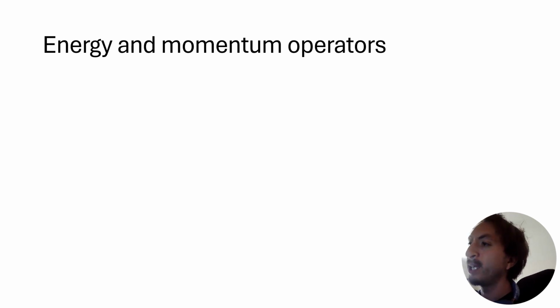But anyway, to quantize this expression for relativistic energy, we have to have operators for energy and momentum. We use the same operators that Schrödinger used, and so we're going to briefly review what they are and why those operators have the form they do.